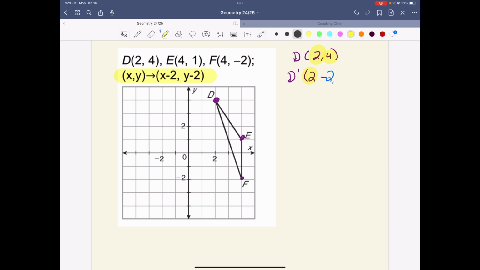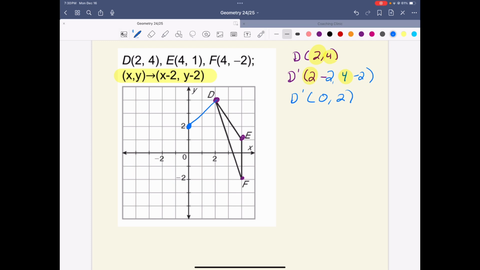Now I'm going to take my y value, 4, and subtract 2 from there, because that's what they tell me my translation is. So my new D value, 2 minus 2 is 0, 4 minus 2 is 2, so my new D value is at 0, 2. Which is right there. So it's sliding that direction 2 units.